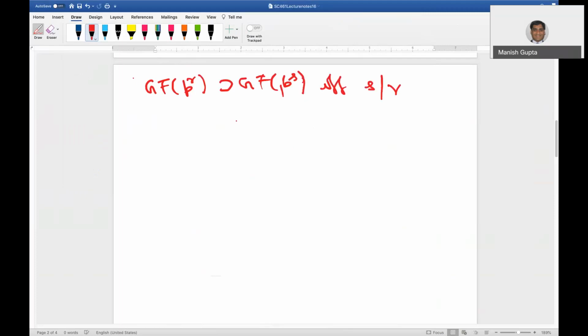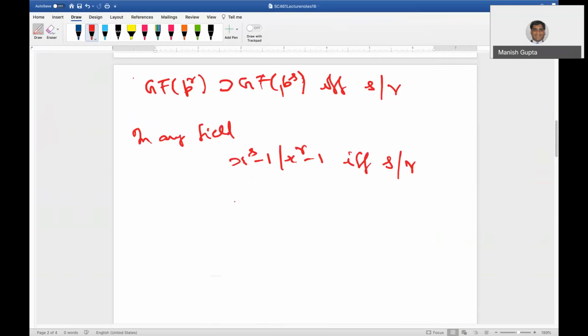This is something very important. Another interesting lemma: in any field, x raised to the power s minus 1 divides x raised to the power r minus 1 if and only if s divides r. These are some very basic properties.